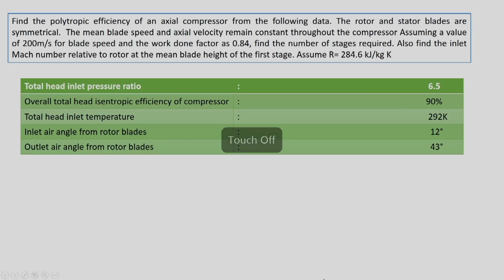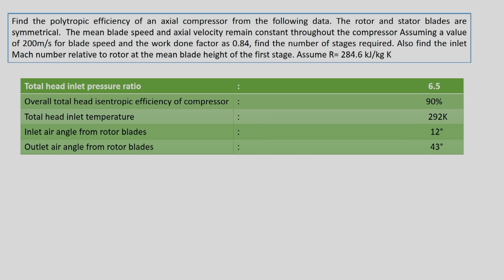We will move on to the next example, and this example says that find the polytropic efficiency of an axial compressor from the following data. The rotor and stator are symmetrical. We know that when it is said the rotor and stator blades are symmetrical, it means that the degree of reaction is 50%.